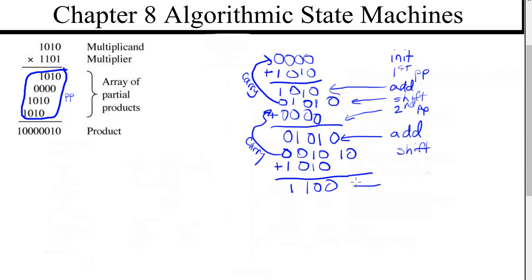So this is my third add. All right. Now I'm going to shift. So you can see a pattern's developing. All right. So that 0 moves over. 0, 1, and that 0 moves to right here. That 0 moves to right here, and 1, 1. All right, and there was no carry.